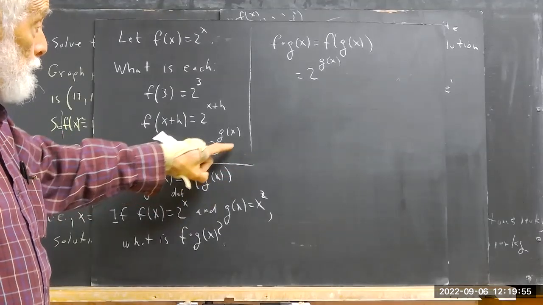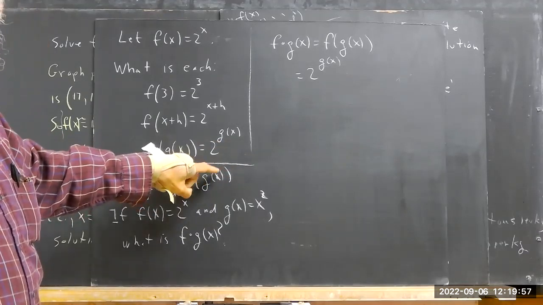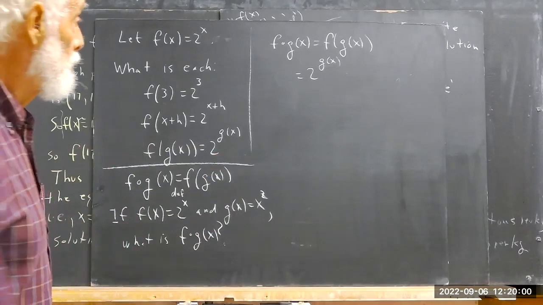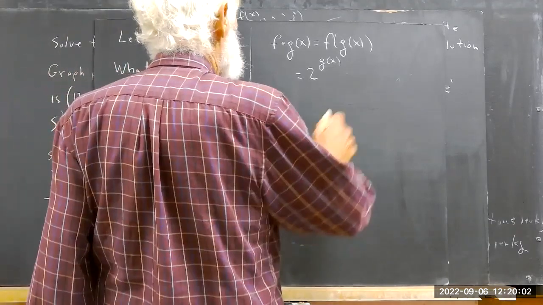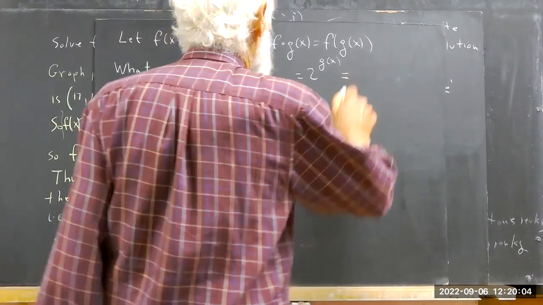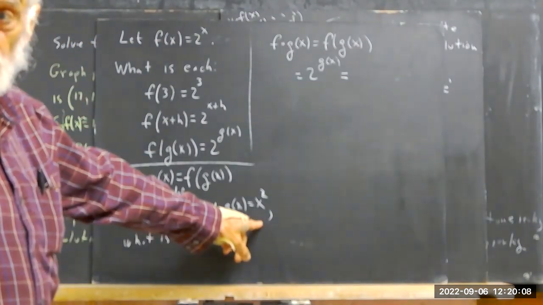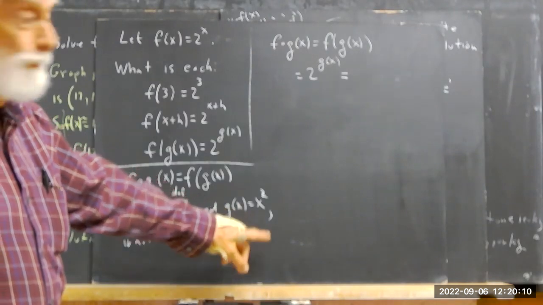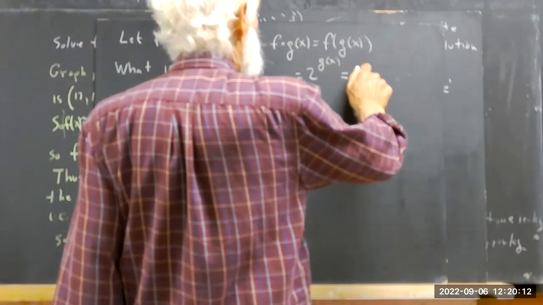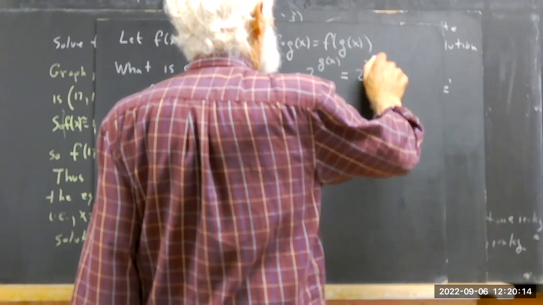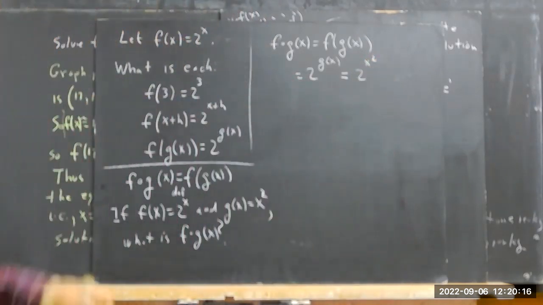So most of you are pretty much right here, and I think everybody will be if you think about it a little bit. Now that's 2 to the g of x, but what's g of x? g of x is x squared. So we just write 2 to the x squared.